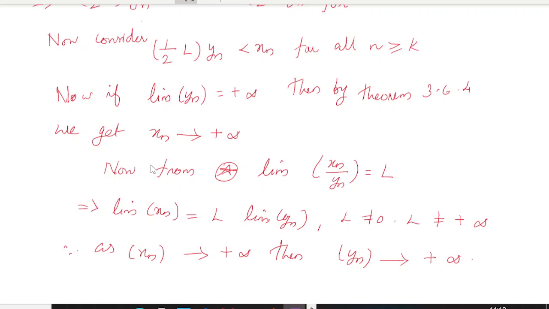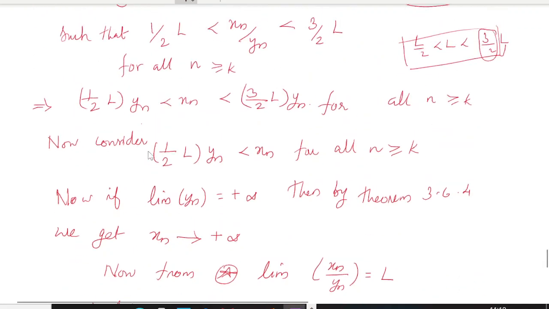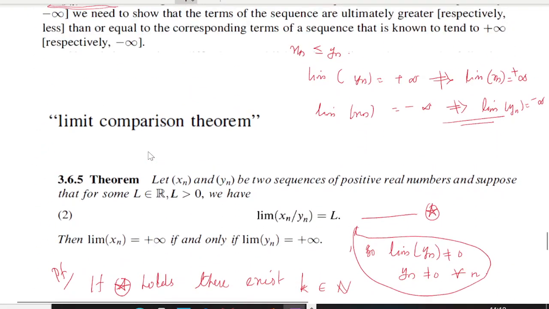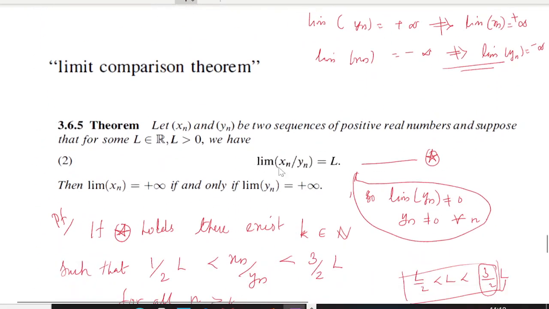So we have proved that whenever limit of xn by yn equals L, then limit of xn equals positive infinity if and only if limit of yn equals positive infinity.